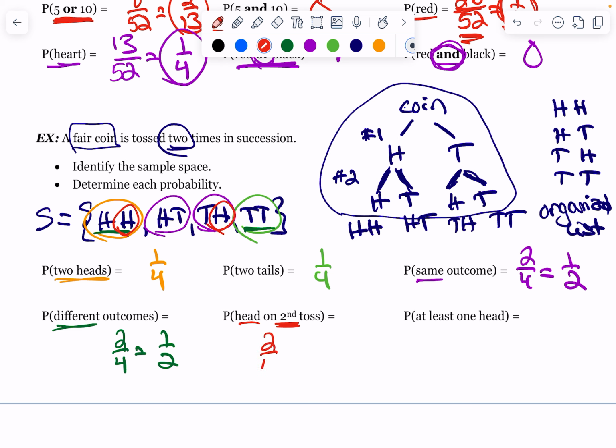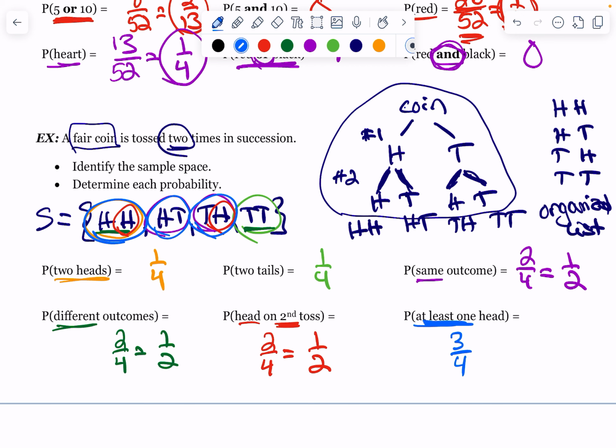That's 2 out of 4 again, which is a half. Our last one is at least 1 head. So at least 1 head is this one, and this one. So 3 out of 4 would be at least 1 head.